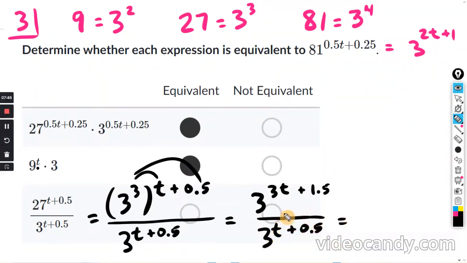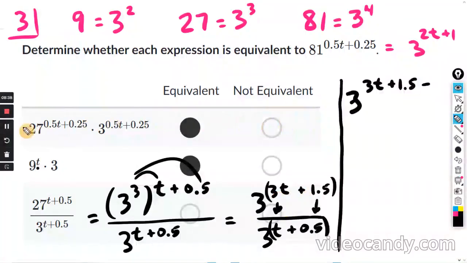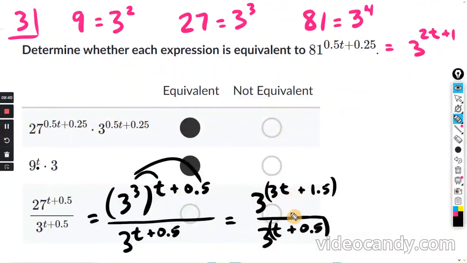Now, recall when you divide with the same base, the exponents just get subtracted going down. We're just subtracting these exponents going down. I'm going to do this separately.